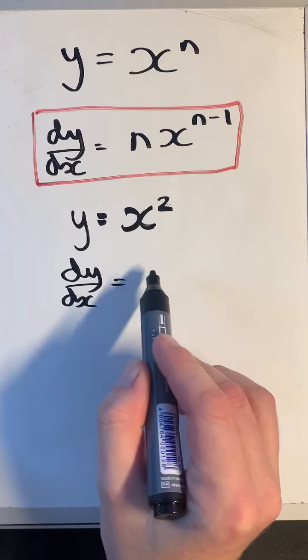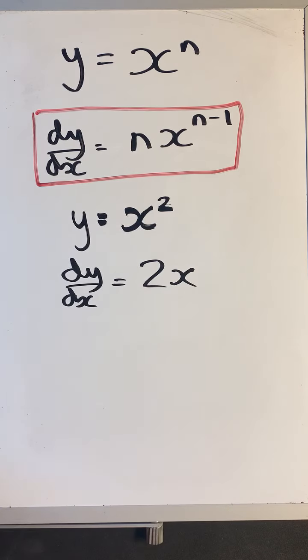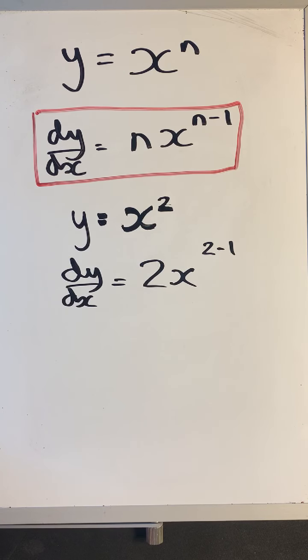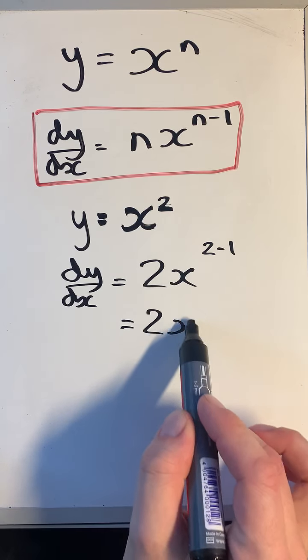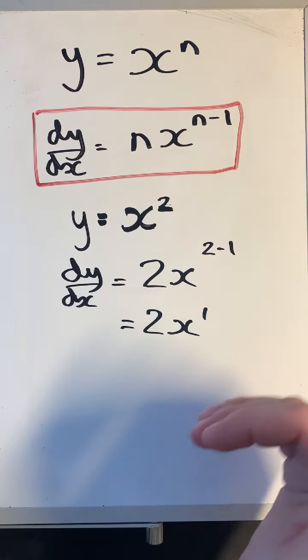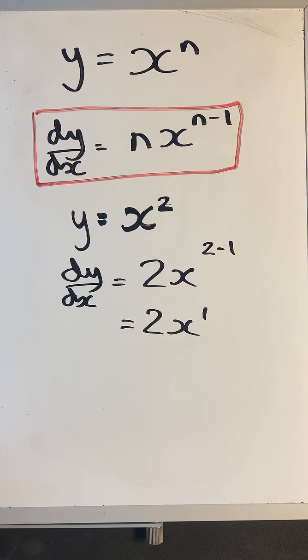So bring this power down in front, 2x, and of course you take 1 away from the power, so we end up with 2x to the power 1, and of course 2x to the power 1 is just 2x. So this is how I got to that gradient of 2x. And if you wanted to then find a second derivative or a third derivative, what you would do is keep differentiating your answer. We'll have a look at 1 or 2 of those later on.